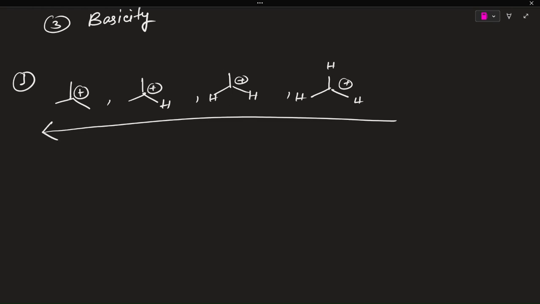We know the 3-degree carbocations are more stable than 2-degree than 1-degree. And here the plus I effect is also increased. 3 methyl groups are attached to this carbon, so the plus I effect is more. Stability is proportional to the plus I effect.